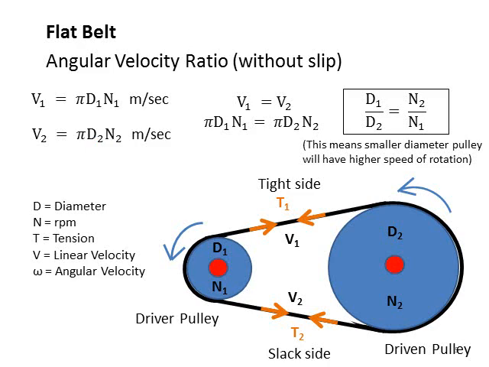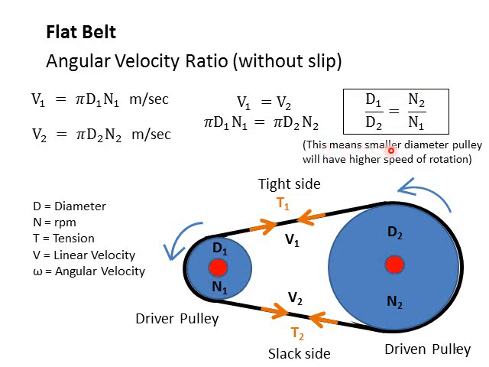So if we equate V1 equal to V2, then their right hand sides will come as here. Pi is a common term, so it will be cancelled out, and if we move the n to the numerator on the other side, then we will have a final relationship such as d1 by d2 is equal to n2 by n1. What does this mean?